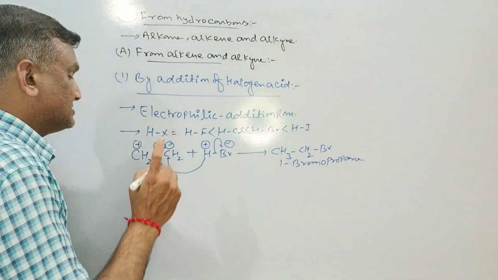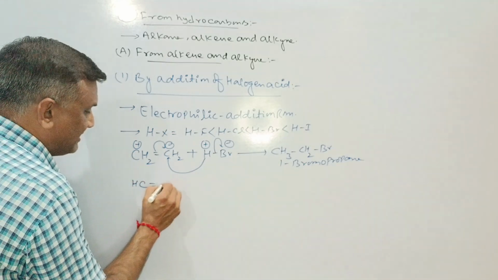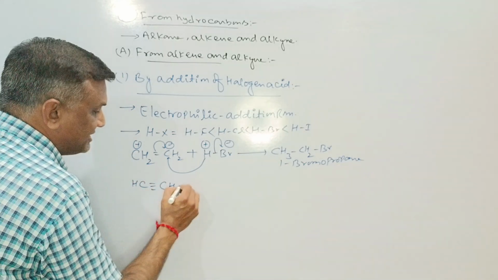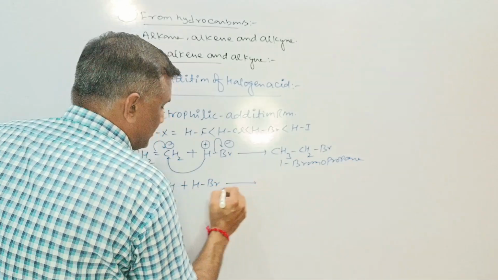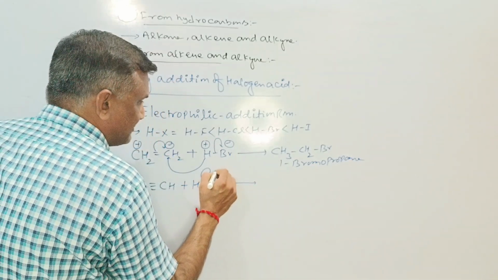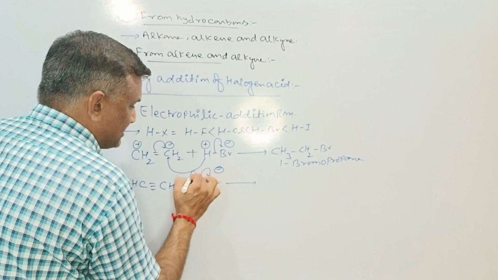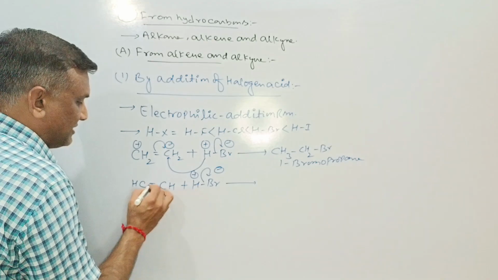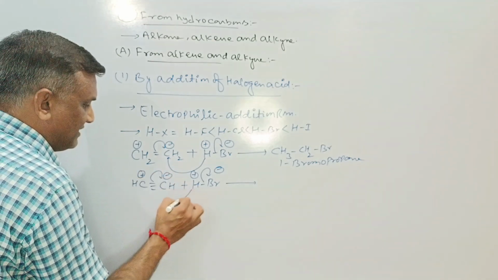If we go with alkyne, as a lower alkyne we can take CH≡CH with HBr. The more electronegative element is Br, so here will be a partial negative charge, and here a partial positive charge. Due to the presence of this electrophile, one of the carbon withdraws the shared electron and H will attack over here.